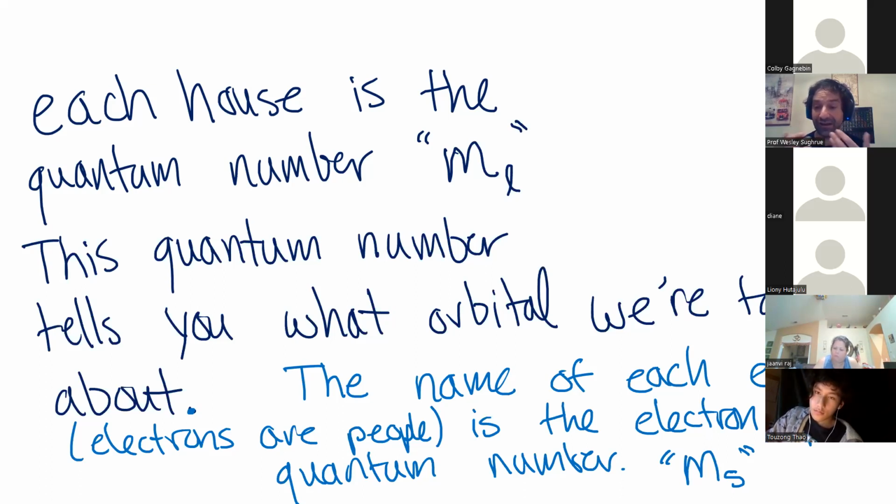M subscript S, S for spin. And yes, that is the quantum number that I was talking about of plus a half, minus a half. There are only two values of electron spin. And I will repeat that as we break these down again. We'll go back now and talk about the details about these quantum numbers, okay? Is this making any sense at all yet?